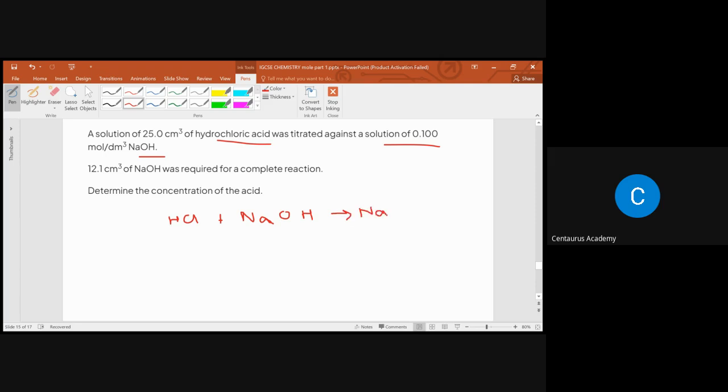I haven't taught this topic yet, but when we were doing chemical formula, I told you that salt is formed when hydrogen is displaced in the acid by a metal. So sodium will displace it, since this is a metal, and NaCl will be formed. And the byproduct is going to be water.